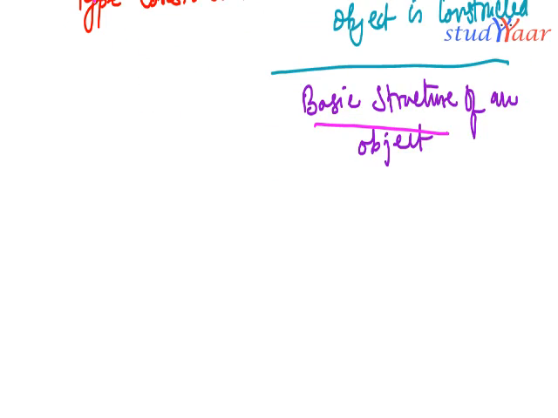So the kinds of type constructors, we'll just quickly look at each one of them. The first is an atom.